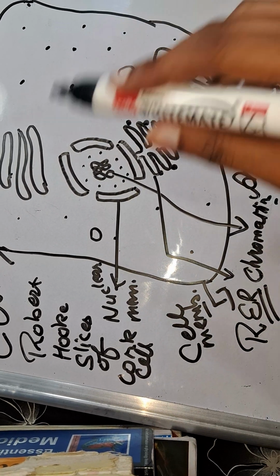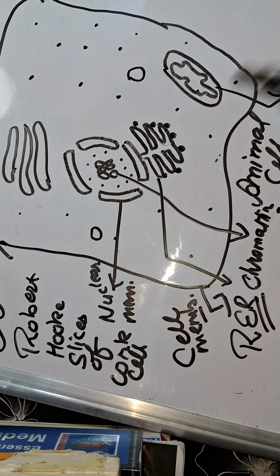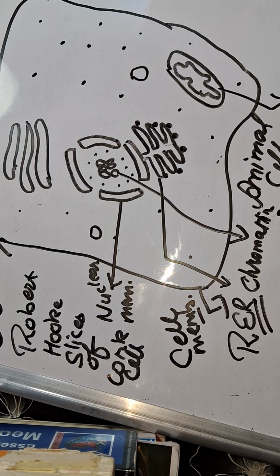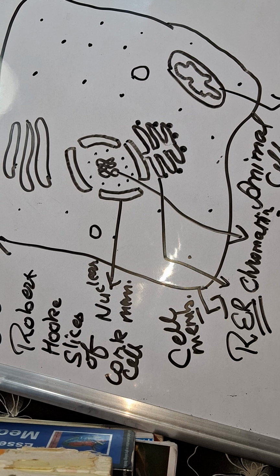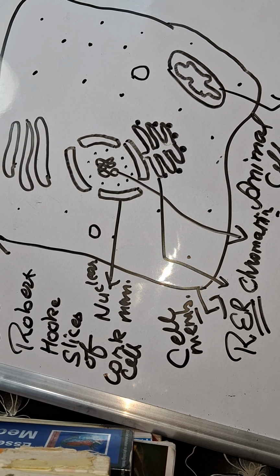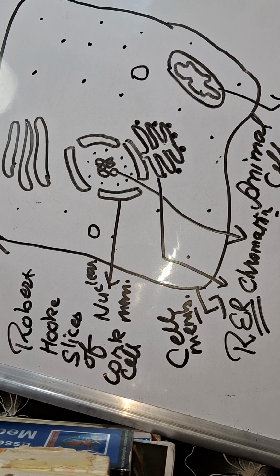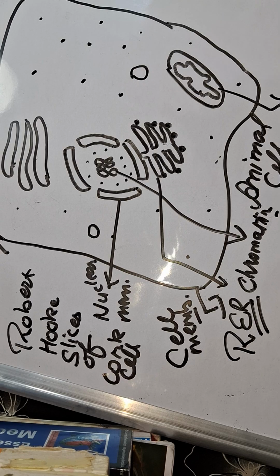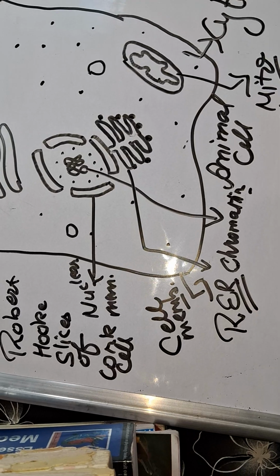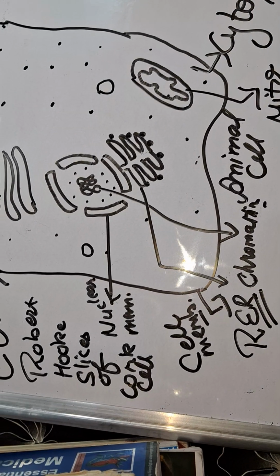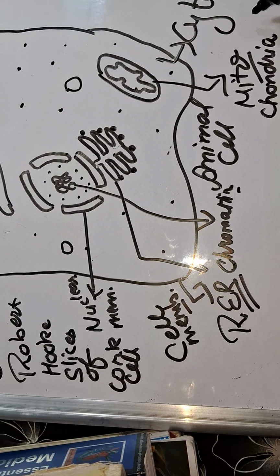The cell membrane separates the extracellular fluid and intracellular fluid. The dense fluid inside a cell is known as the cytoplasm or cytosol, you can say.